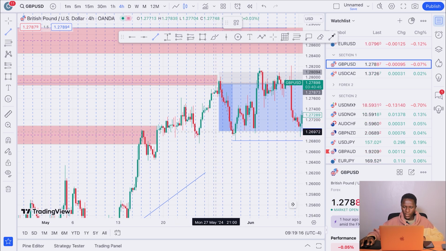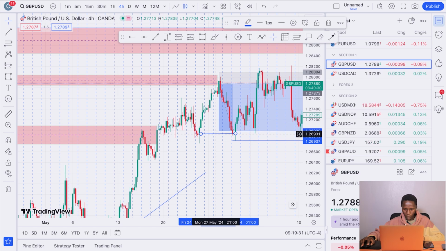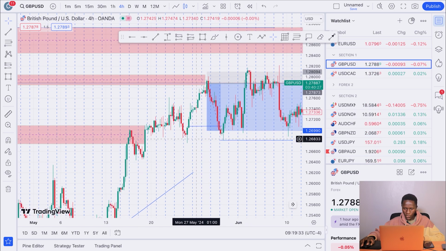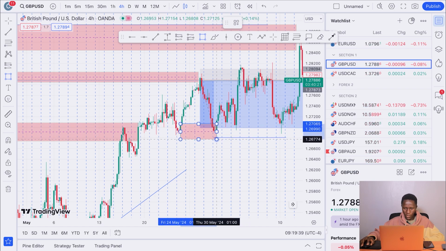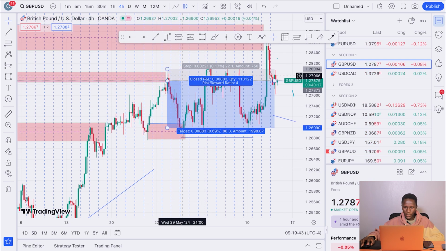So here you're not supposed to take a trade that will exceed this order block, because there, like it or not, your stop loss will always be hit. It does not have to go beyond this, because here we can see this is an order block that has to be respected, and as we can see here, it was respected.